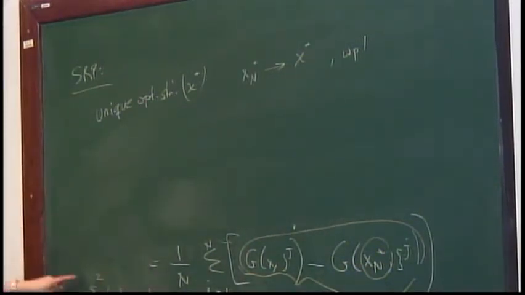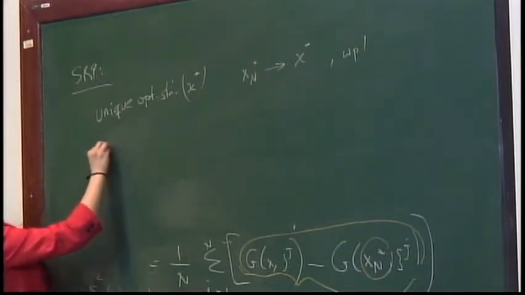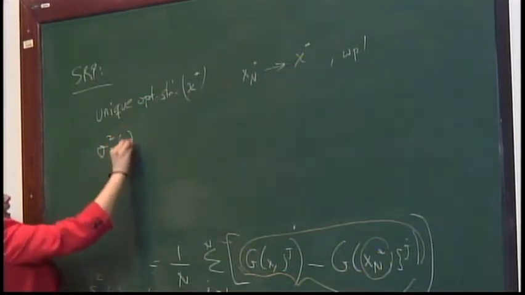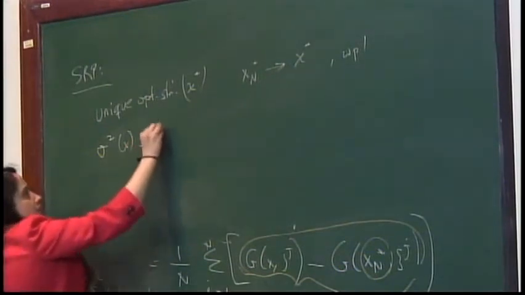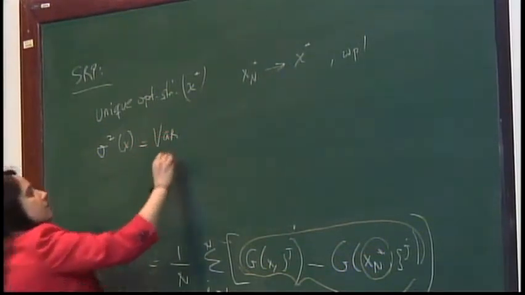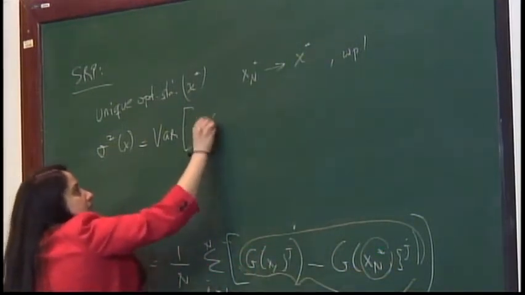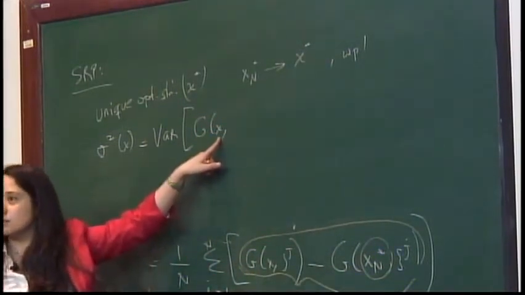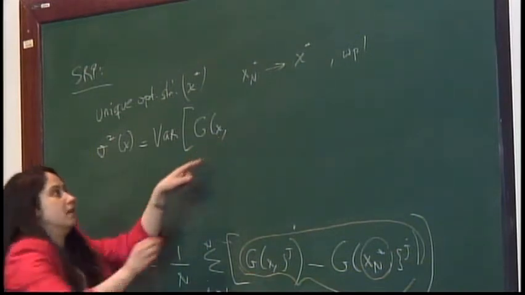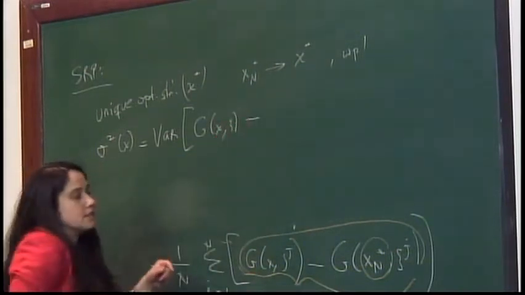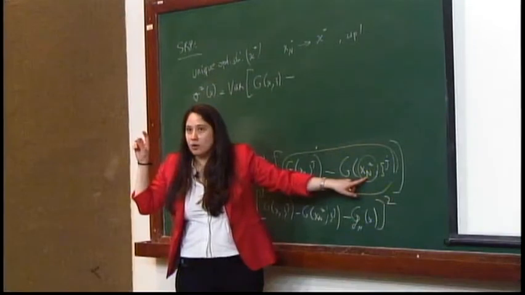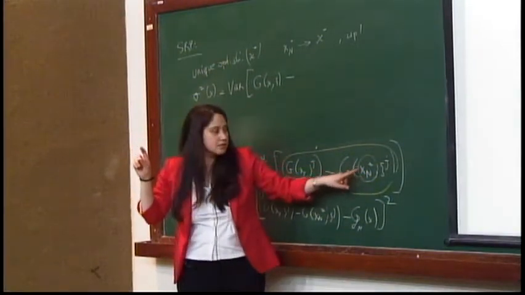So when you look at this, let's create a variance. Let's call it sigma squared x, okay? And that's going to be the variance of this kind of a difference, except that x is given. This is my candidate solution that I'm trying to estimate its optimality gap. Minus, this is a random quantity, right? It's a random vector of decisions.